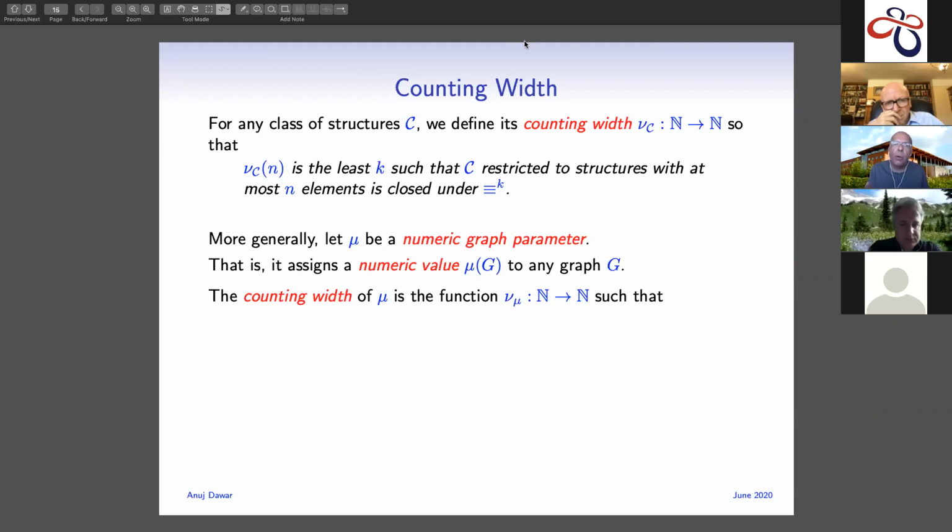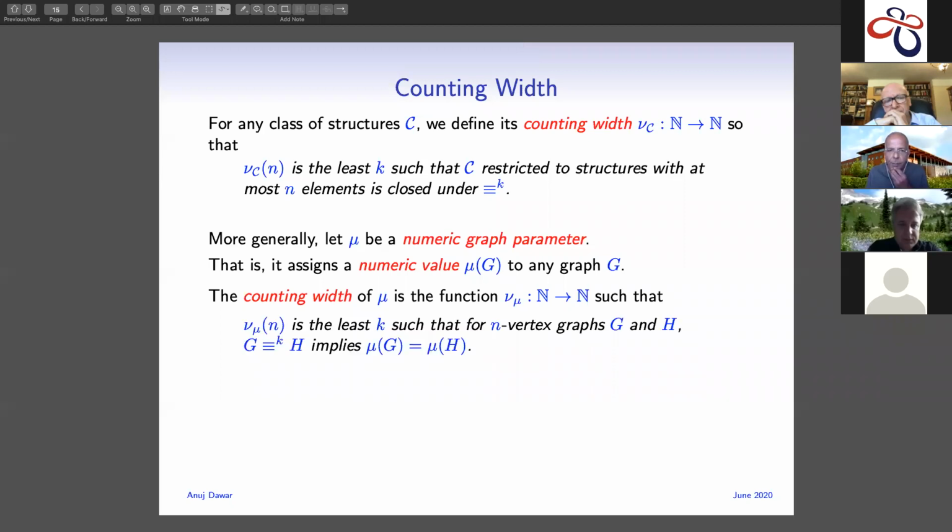But if you're looking at chromatic number, then there is no constant bound. In fact, you can show that the counting width of chromatic number is linear. So it's going to be some constant fraction of n, right? You need to go up to that higher dimension to be able to fix the chromatic number of a graph.